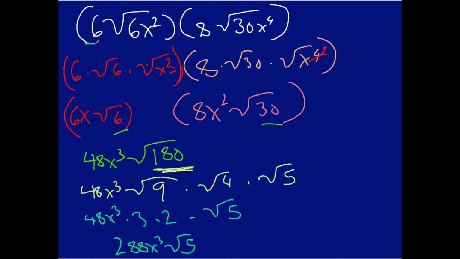I separated all these terms here into their own little spaces in order to eliminate things whenever possible. And then, of course, yes, I did recombine them once everything was cleaned up. So after I separated them, I recombined them for my own purposes. I'm not going to claim this is the only way to do this. And then once everything was cleaned up, and what I mean by cleaned up was that everything outside the radical was as simple as I could make it, I then refocused my attention here on the stuff inside and was able to factor that out and get the final answer at the bottom.